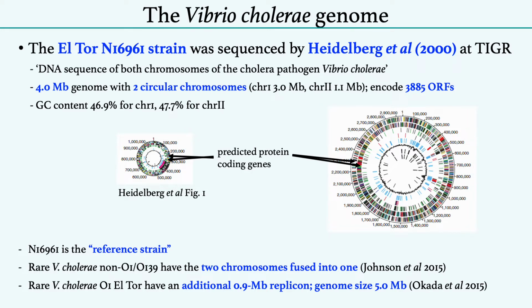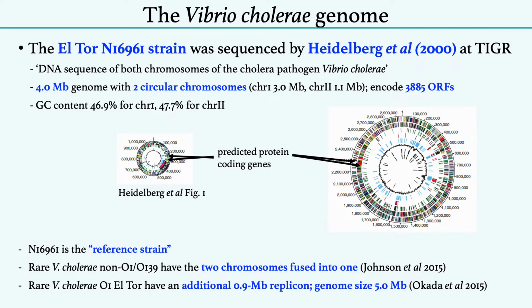It's worth bearing in mind that N16961 is the reference strain, but there may be a wide variety of genomic variation in the Vibrio cholerae population worldwide. Some interesting examples have already been reported. Johnson et al. in 2015 reported a non-O1 isolate that has the 2 chromosomes fused into one big chromosome.